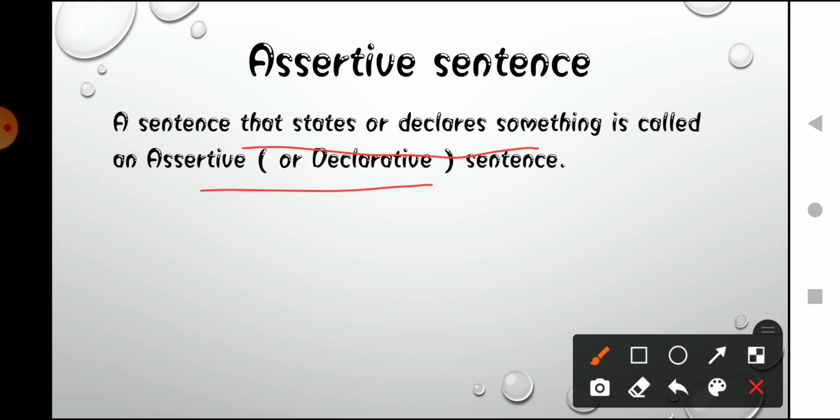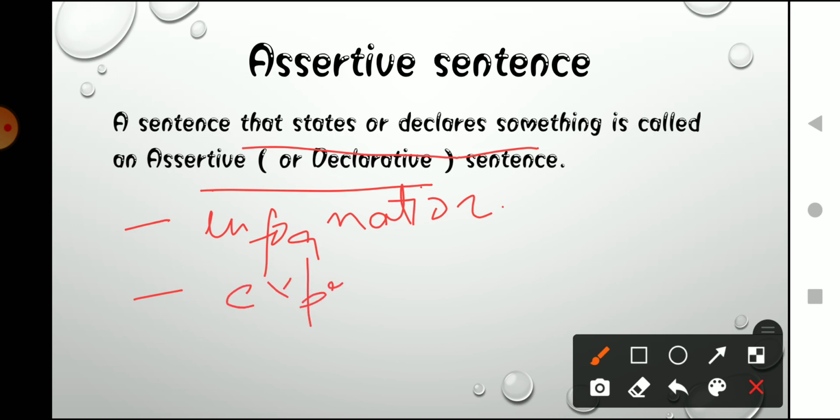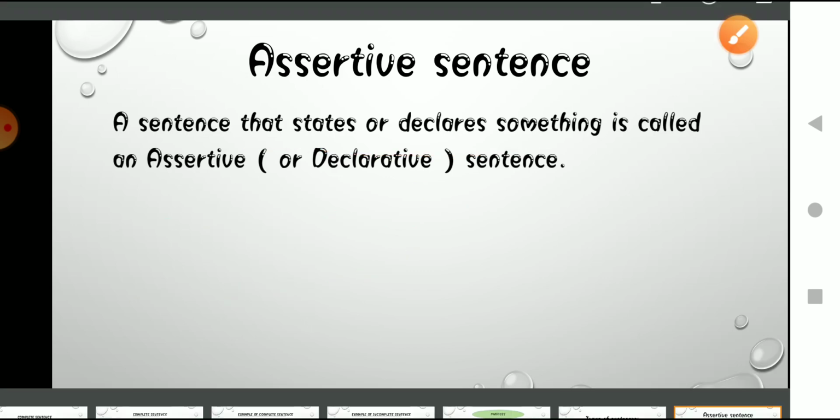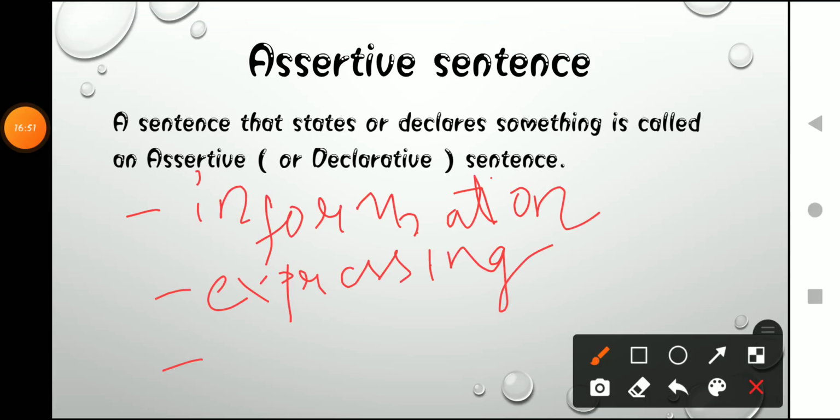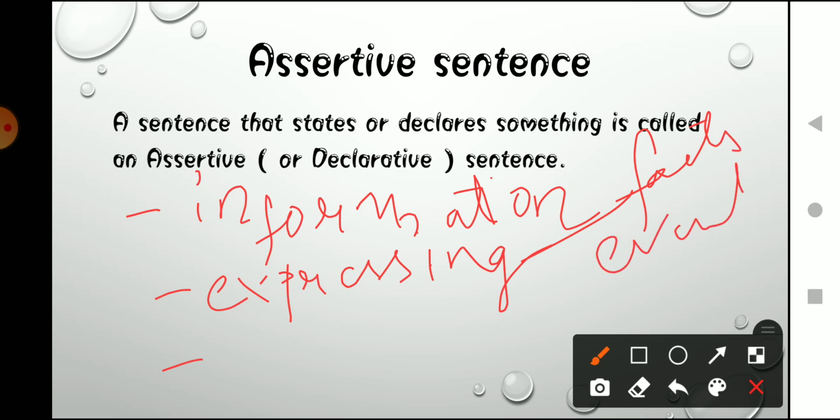A sentence that states or declares something means it is giving us information about something, or it is expressing something. It expresses facts, events, or actions.